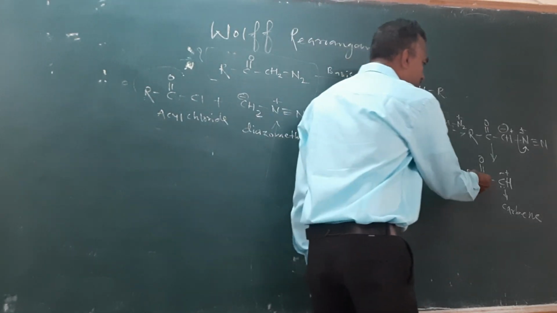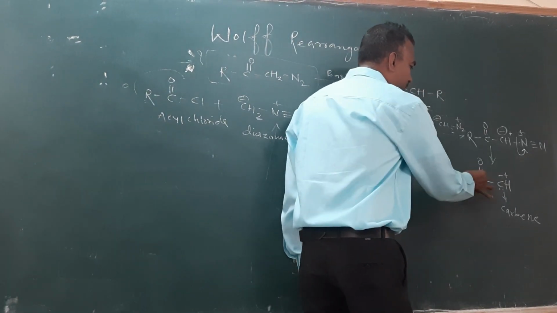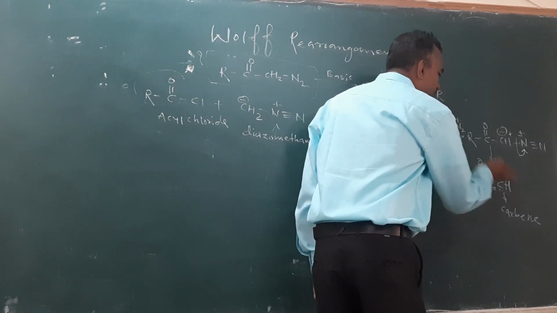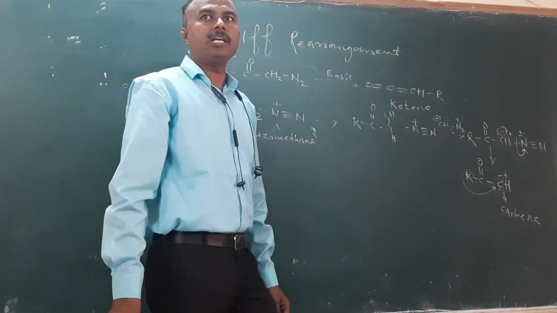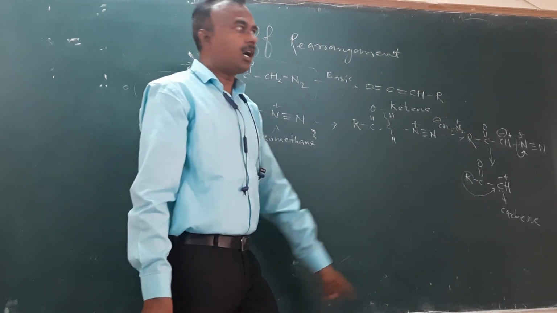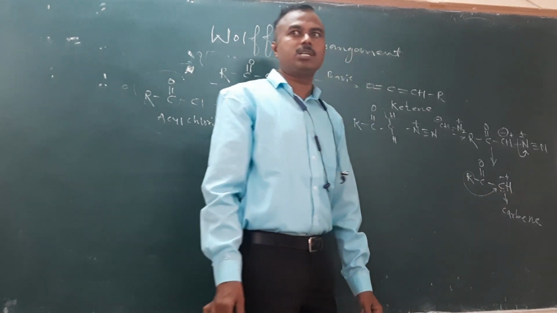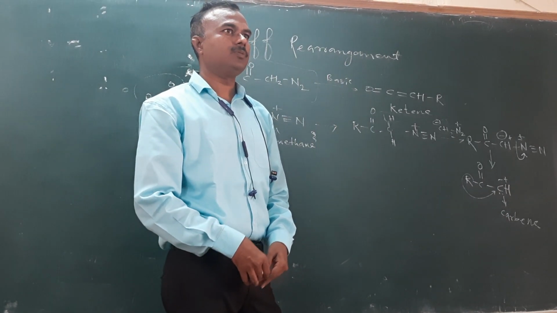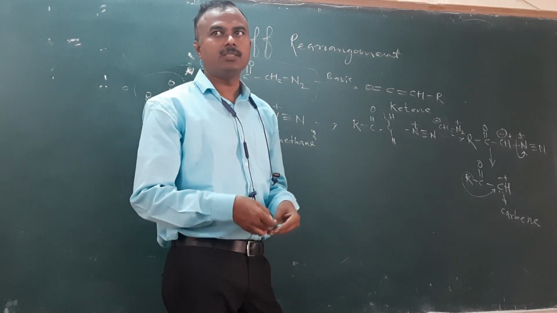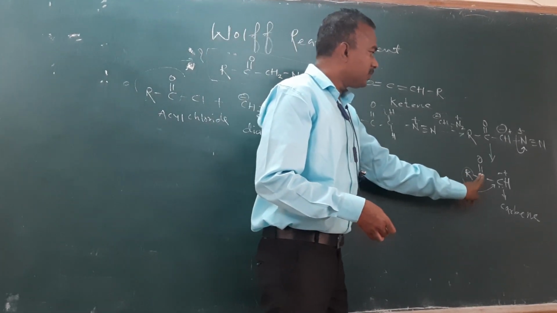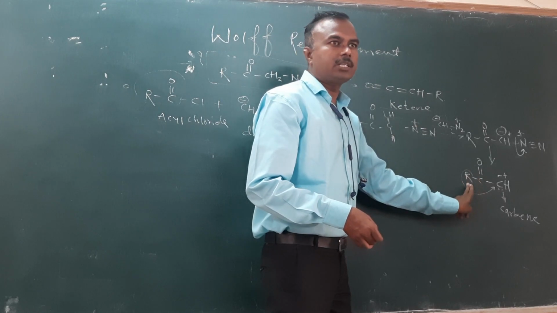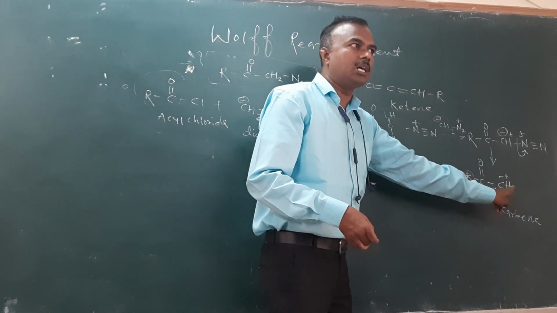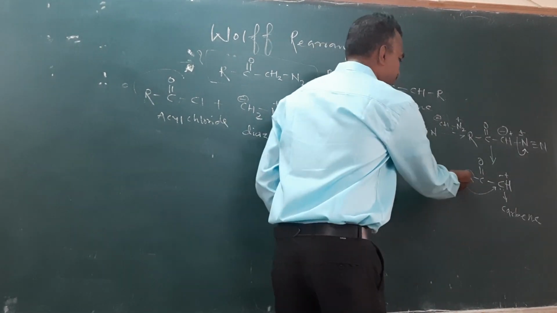Now, once this carbene is formed, the electron deficient alkyl group migrates toward the carbene. Listen one by one, keep one word of what I am saying: the electron deficient alkyl group migrates toward the carbene.